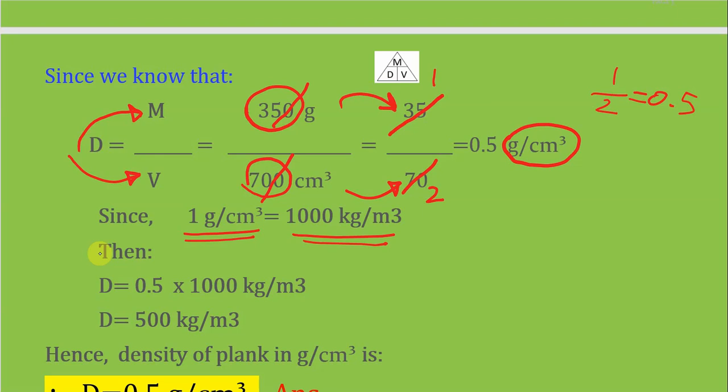So we will multiply this 0.5 by 1000 to get the answer in kilogram per meter cube. So here, when you multiply 0.5 by 1000, you will get 500 kilogram per meter cube. That is the second answer.